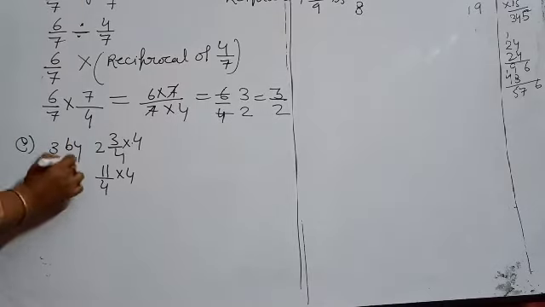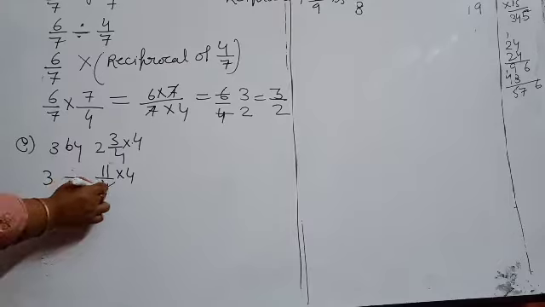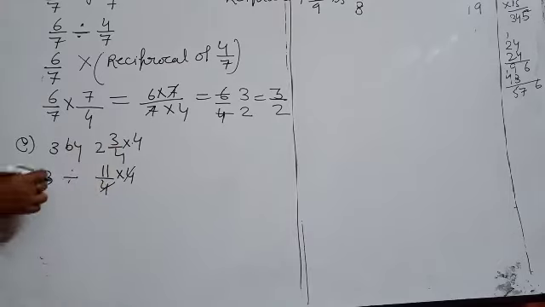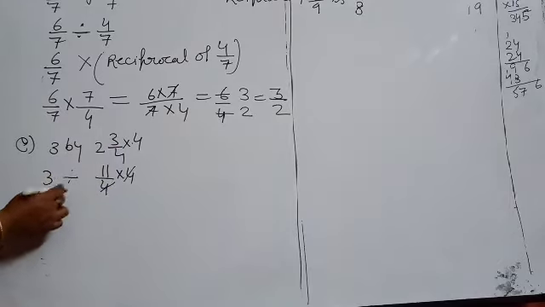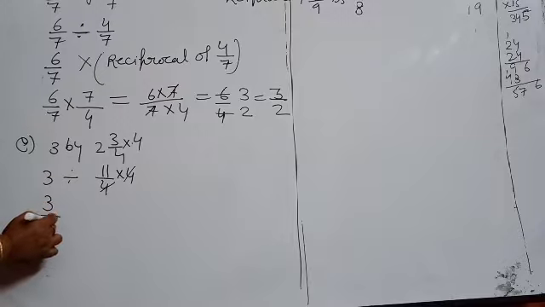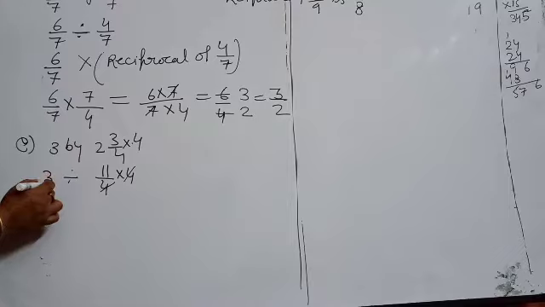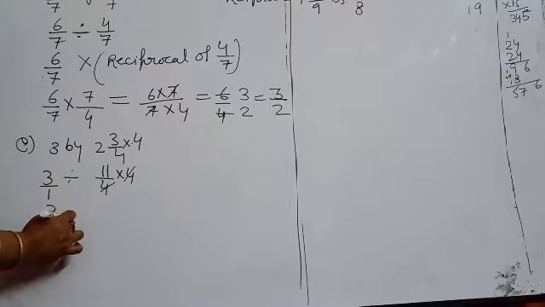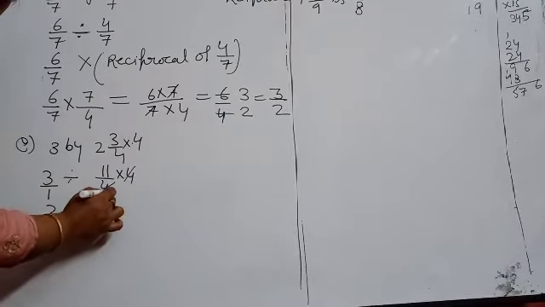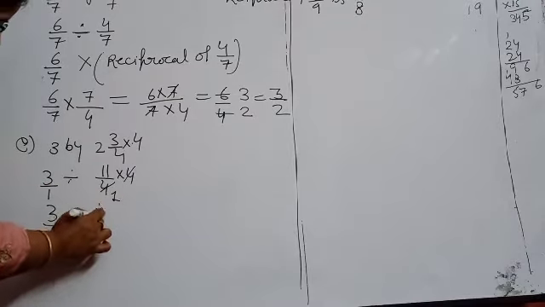Divide. Okay, so 4 and 4 will cancel. Just so simple. 3 here, divide means upon 4. This will be your answer, 3/4. Or we can write it also in fraction form. Write 3/1 divided by 11/1.